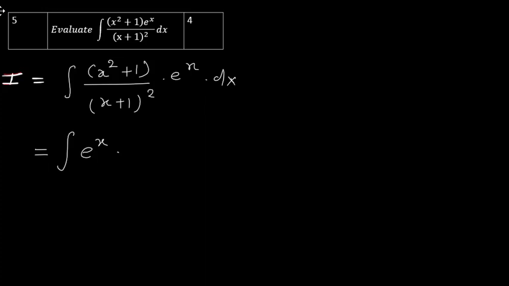So when degree in numerator and degree in denominator is same, then you should divide your numerator with denominator. So alongside you can divide this numerator, which is x square plus 1, by x plus 1 the whole square, that is x square plus 2x plus 1.